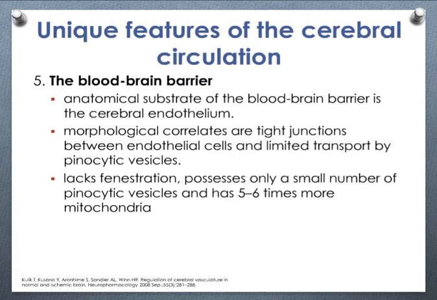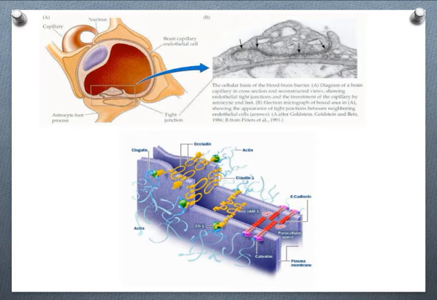That means that, looking at the electron microscopy or at the histology, there are some proteins, occludin and claudin, that close the space between the endothelial cells and keep the extravascular space separate from the vascular space more closely compared to the general circulation.